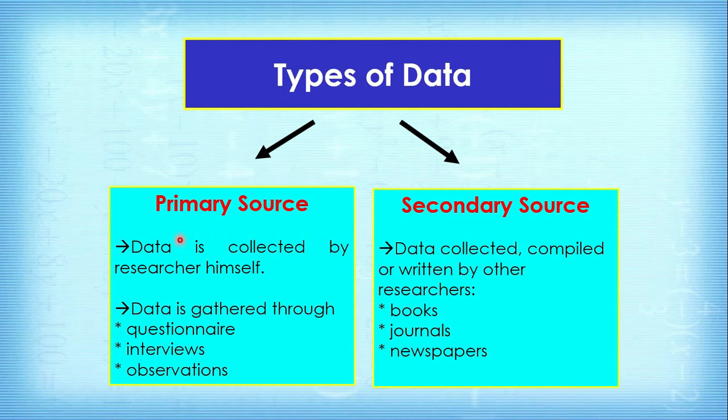When we say primary source, data is collected by the researcher himself. Data is gathered through questionnaires, interviews, or observations. While for secondary source, the data is collected, compiled, or written by other researchers, like for example, from books, journals, or newspapers.